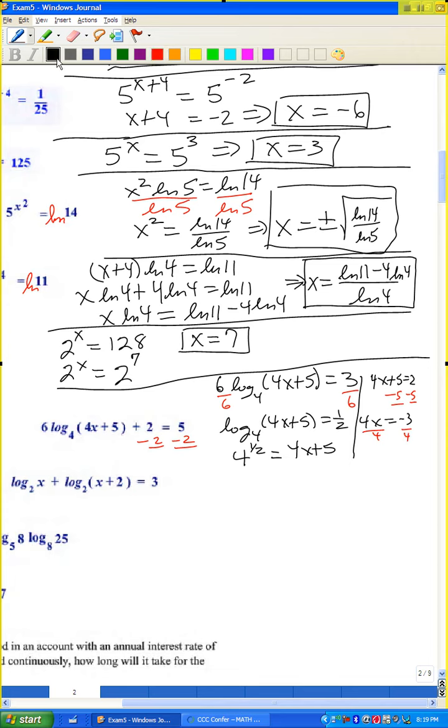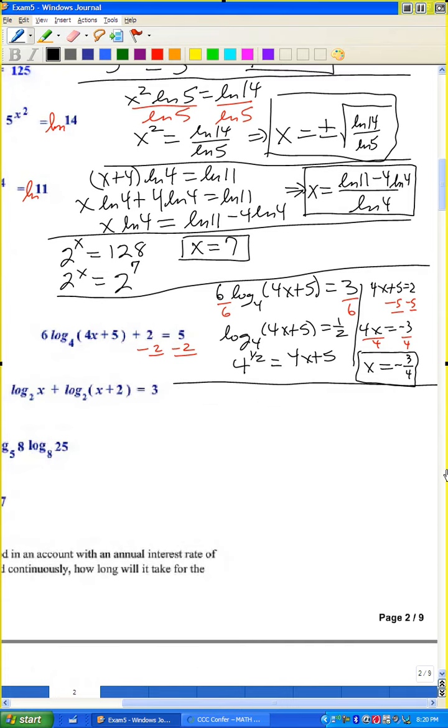So x is equal to negative 3 over 4. When x is equal to negative 3 over 4, 4x plus 5 would be a positive 2. So I'm taking the log of a positive number, so I can do that. So this is your solution. It's not extraneous.